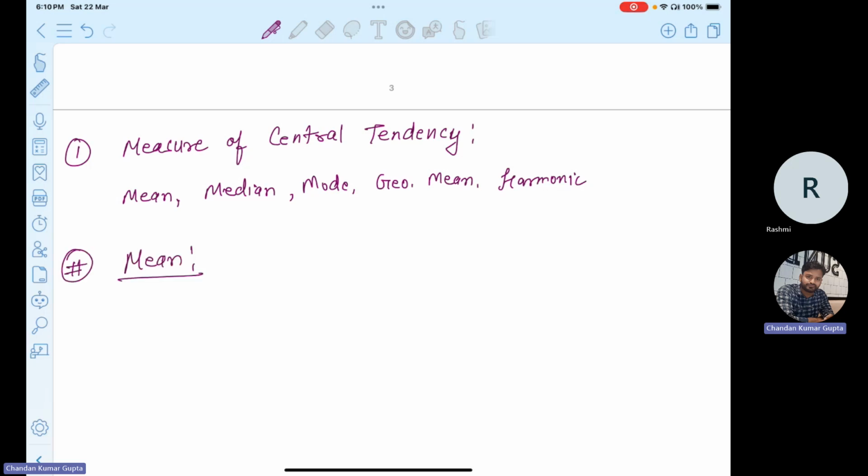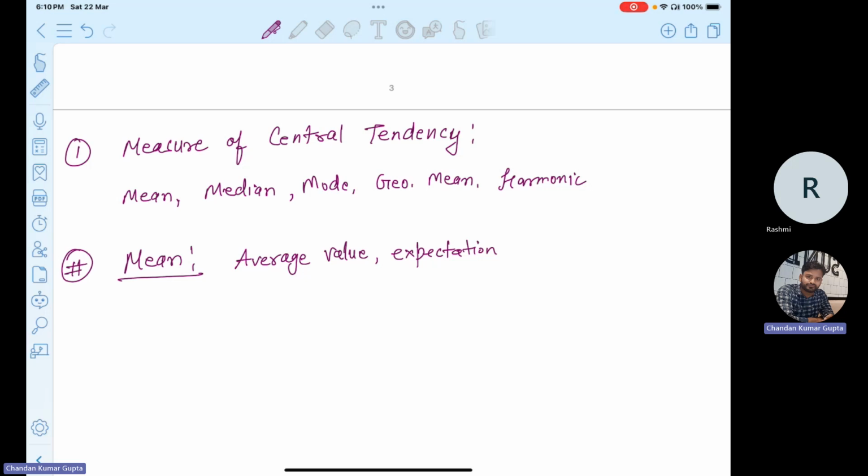Everyone knows about the mean. Mean is also known as average value, or average. We also use expected value or expectation of x. Expectation is also nothing but the mean value.